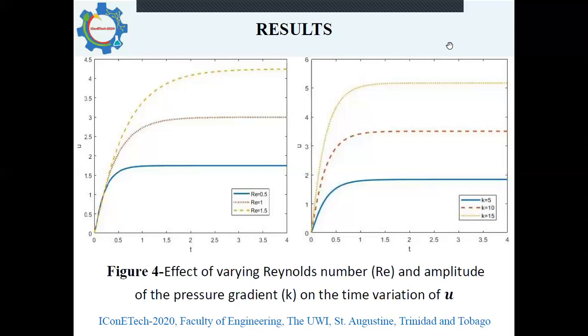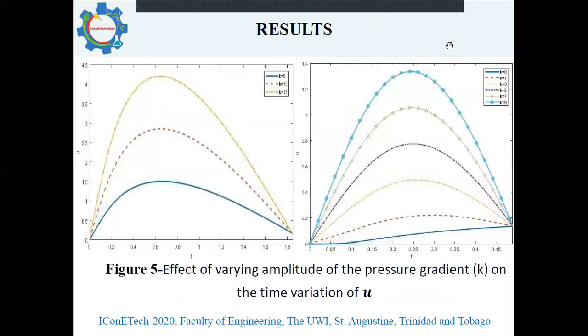Figure 5 continues to show the effect of varying amplitude of the pressure gradient on time variation of u. In the first diagram, our frequency of oscillation is now 1, and our time is now 1.85. For the effect of varying amplitude of the pressure gradient, as those values increase, our velocity also increases.